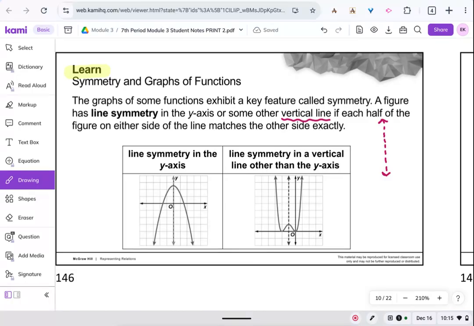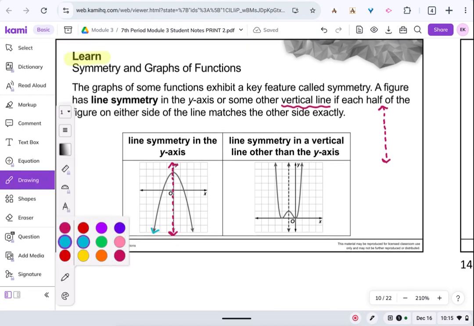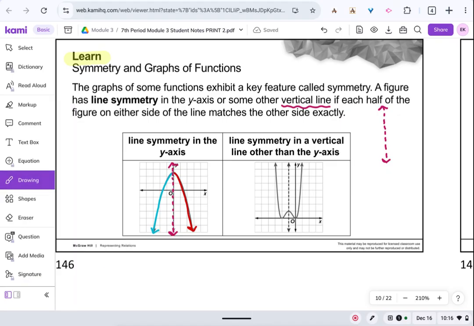So for example, with this first one, the parabola, if I draw a dotted line here down the y-axis, that would cut my graph into two equal halves. So this side would be the exact same as this side over here. Now, when we're working with line symmetry, the line of symmetry is always going to be x equals some number.